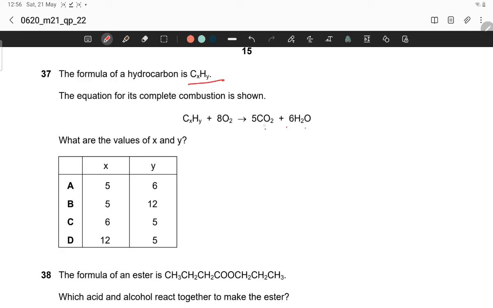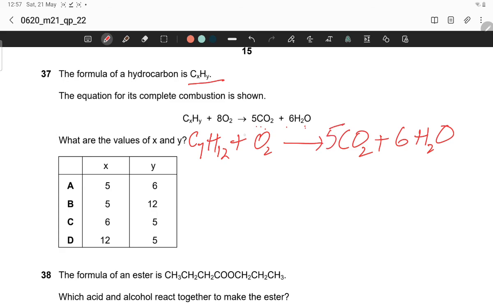If 5 carbon is there, then it means C5, and 6 twos are 12, so 12 hydrogen atoms. So C5H12 plus oxygen forms 5CO2 plus 6H2O.